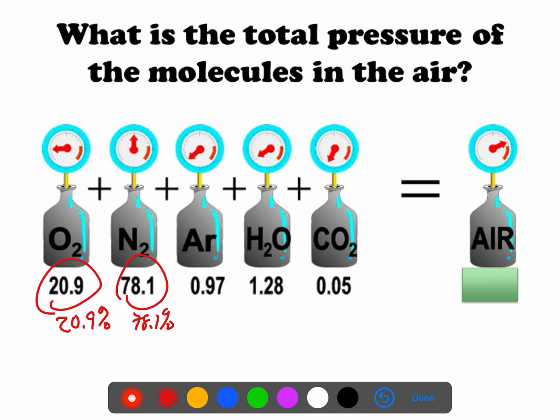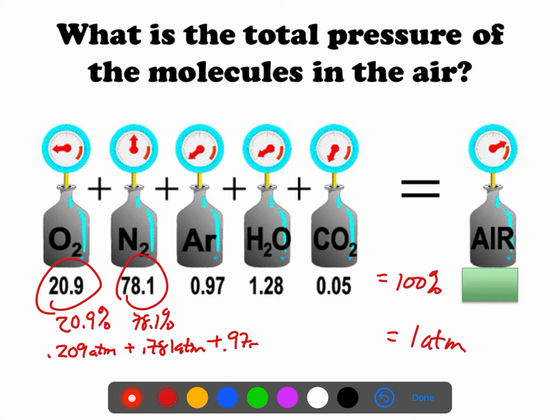Nitrogen would be 78.1%. So if you add up all these percentages, you get 100% total. So let's say that we had a total pressure of 1 atmosphere.